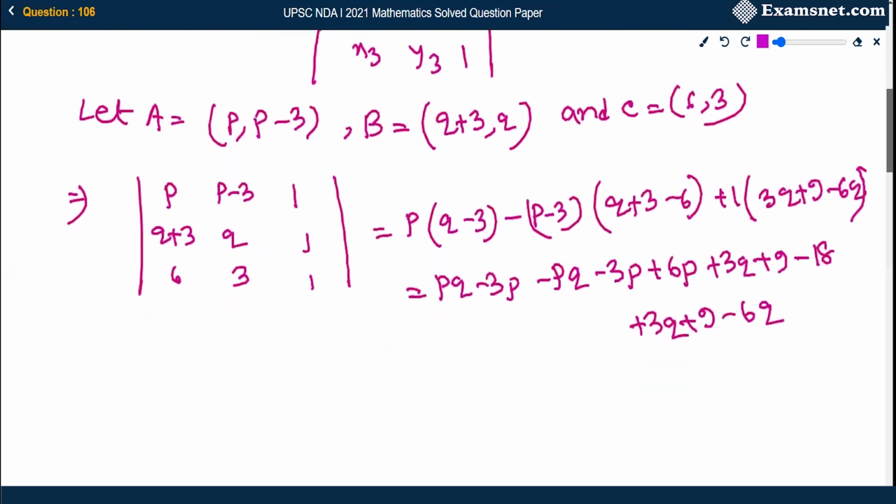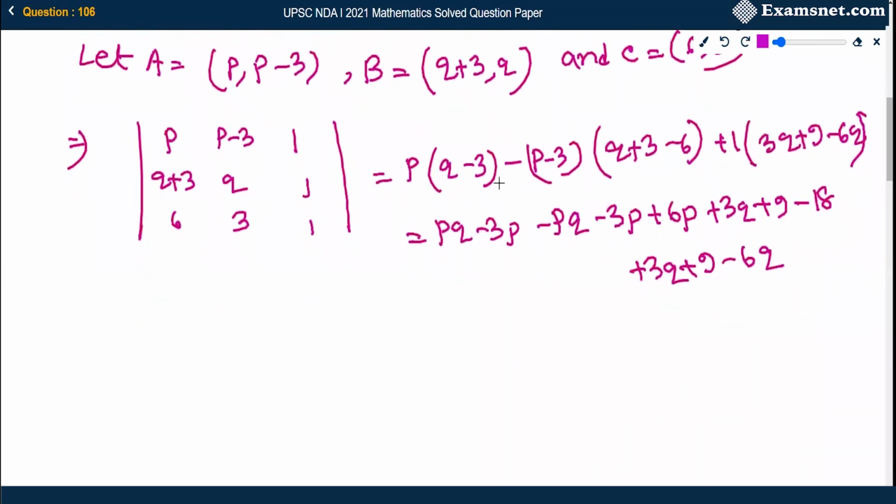Let's check it again: pq minus 3p minus pq plus 3p plus 6p, next minus 3q plus 9 minus 18, and 3q plus 9 minus 6q.